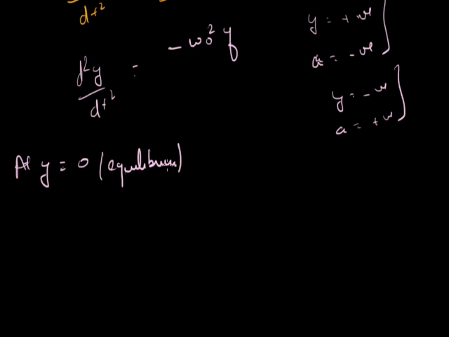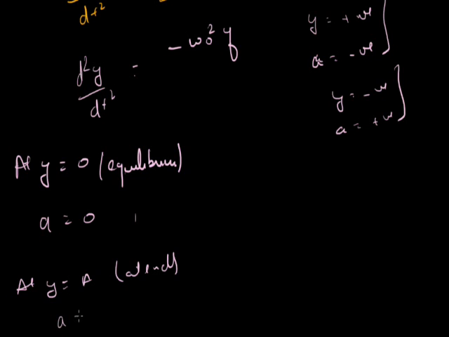And at y equal to 0, that means the equilibrium position, you know that at the equilibrium position there was maximum velocity. Now let's calculate the acceleration here. y equal to 0 means the acceleration here is 0. At the end point, that is y equal to a, there was minimum velocity.